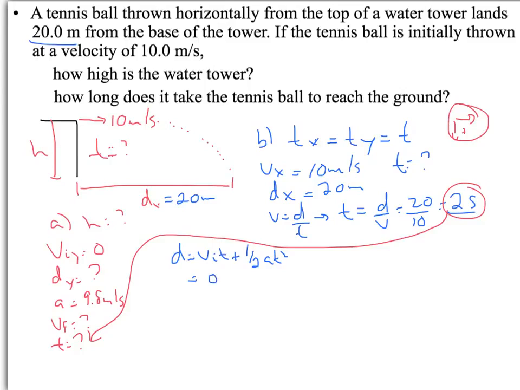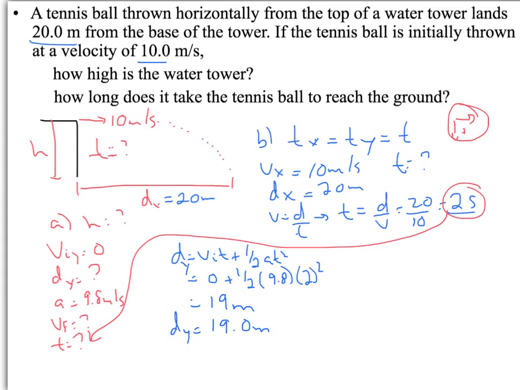Vi is 0 plus 1/2 9.8 times 2 squared. When we do that, we get a dy, or a height, of 19 meters. 3 sig digs. So let's say 19.0 meters. That's the height.